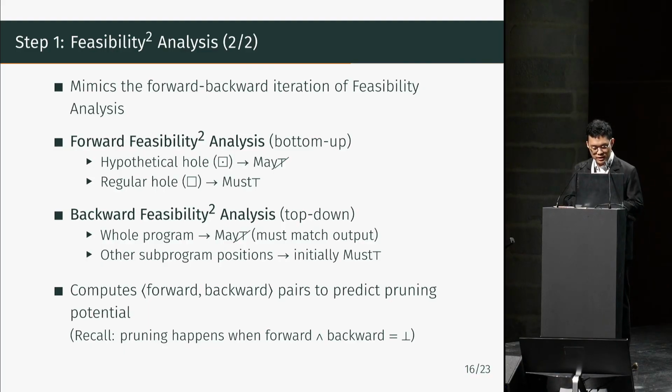In backward feasibility square analysis, the whole program will be analyzed as may not have because it is the output, and the output is a constant. And other subprogram positions will initially be must have and computed by the execution. Yeah, we compute forward-backward pairs to predict pruning potential. And recall, pruning happens when forward and backward meet and result in both.